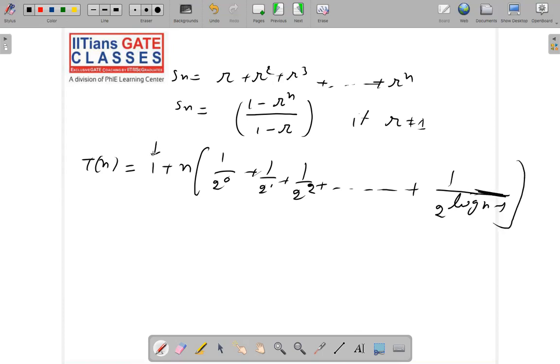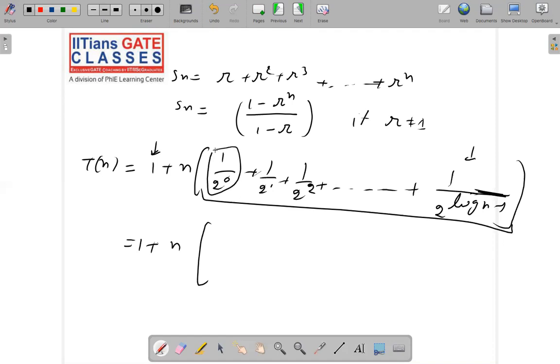This is the log n time iteration, and this is log n minus 1 time. So this is the GP, and the answer here is 1 plus n upon... So what is the value of R? It's 1 by 2, right?